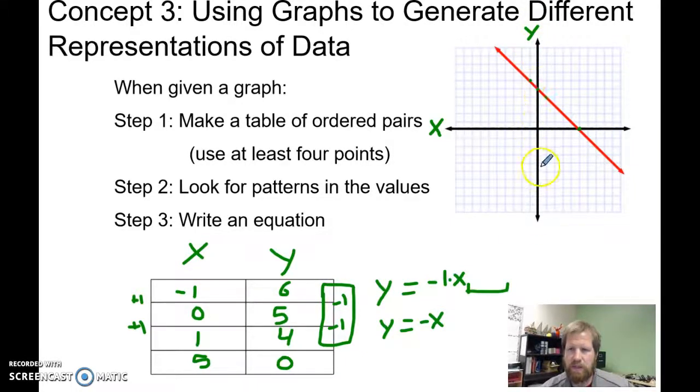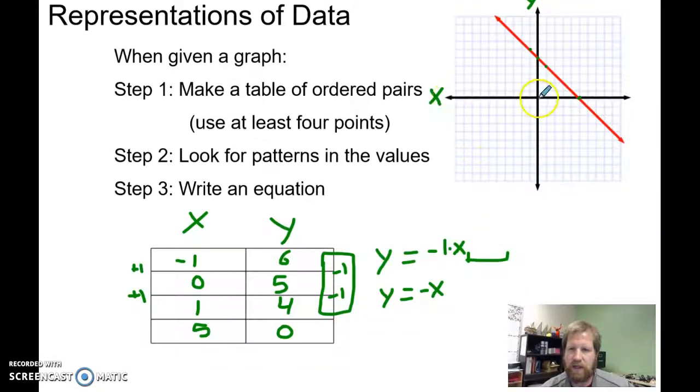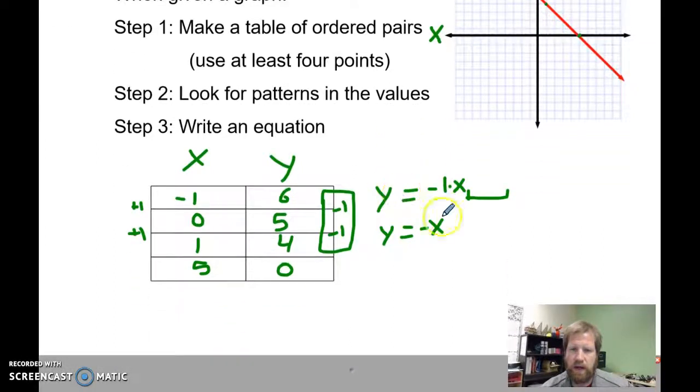The reason that's important is because x equals 0 everywhere along that y-axis. If x equals 0, then whatever we're multiplying or dividing by x doesn't matter, and all that we have left is what's going to be added to or subtracted from our variable on this side.